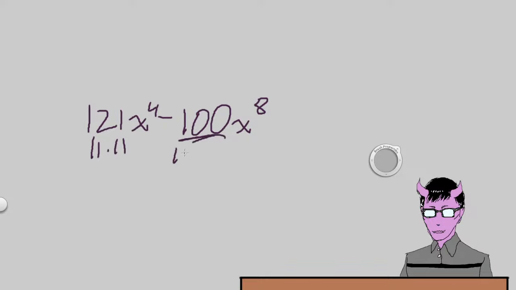This is a 10 times a 10, so no common factors between those two. But this is x power 4 and this is x power 8. So there are in fact factors that are common with the x degree 8 and x degree 4. So make sure you factorize those ones first.